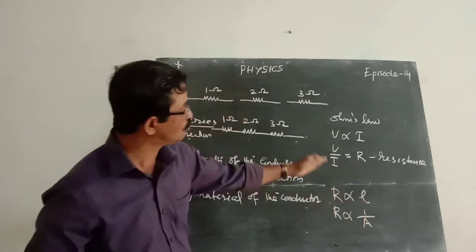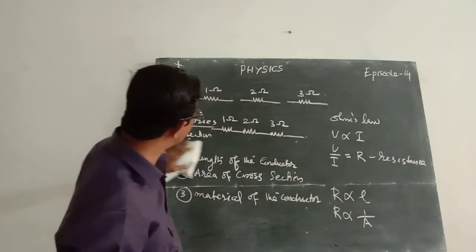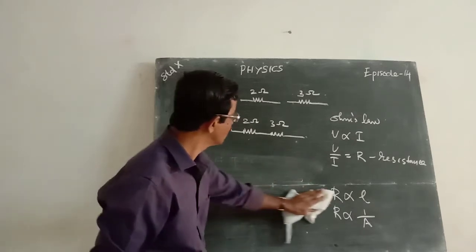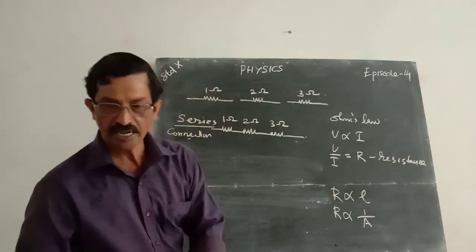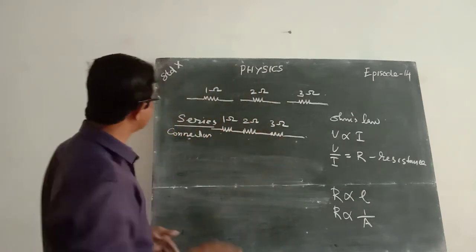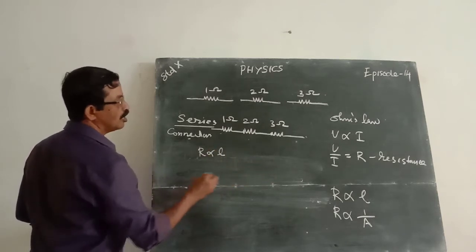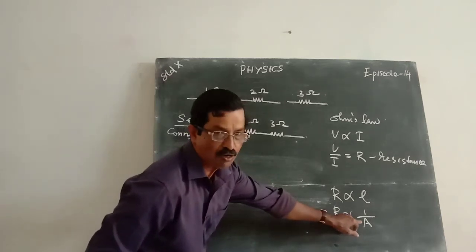And from this we got our new relation. What is resistivity? You know what actually resistivity is? Okay, try to remember. From these two relations we know R proportional to L and also R proportional to 1 by A, or inversely.